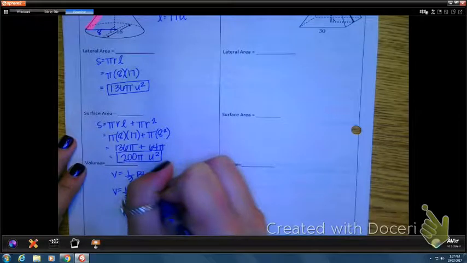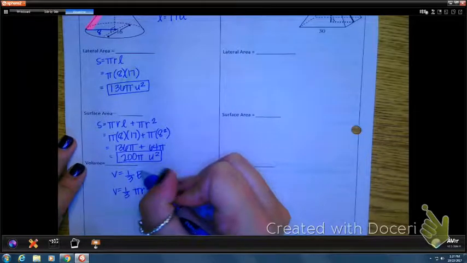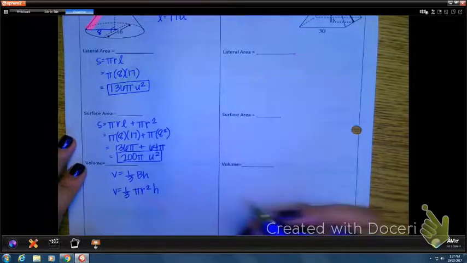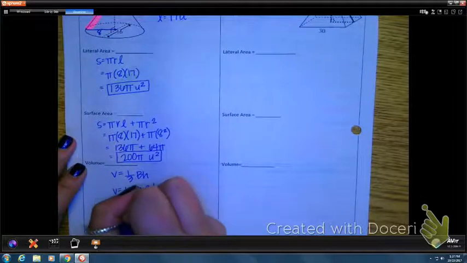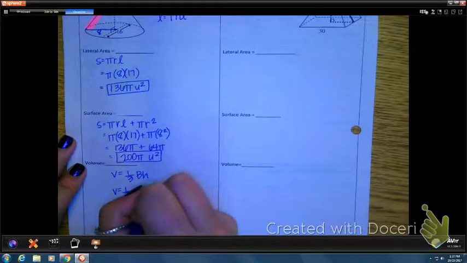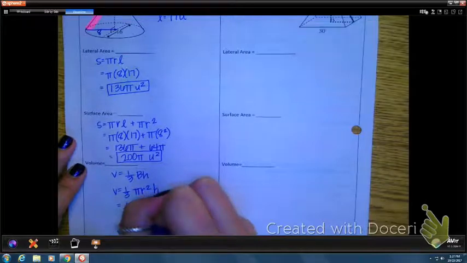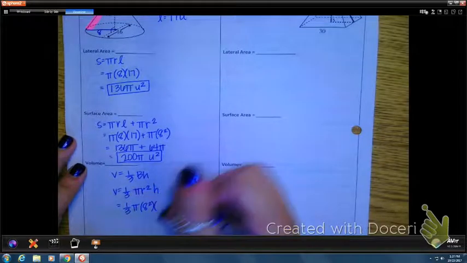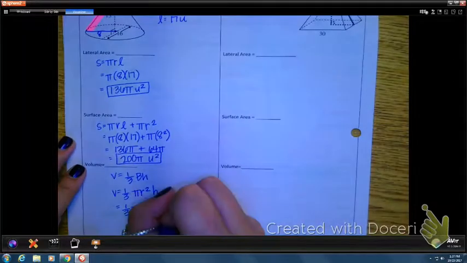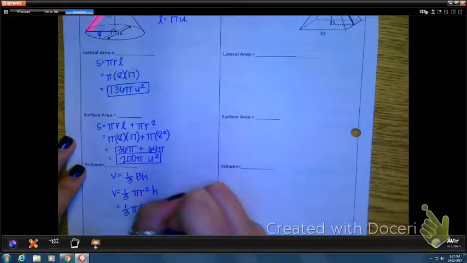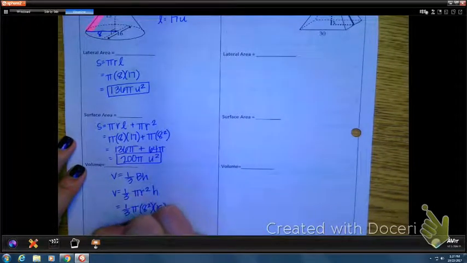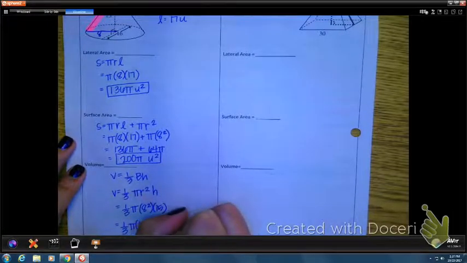Okay, pi r squared is going to give me my capital B, and then times H. R is 8. H is 15. So we have 1/3 pi times 64 times 15.